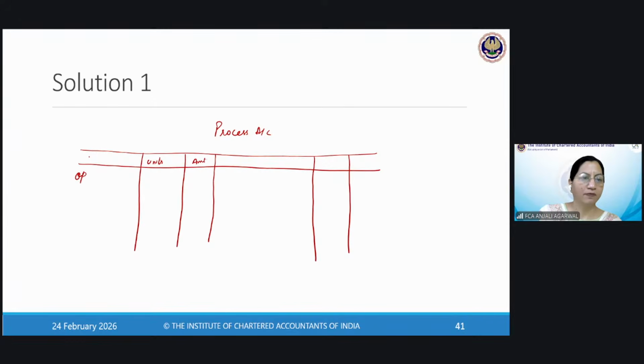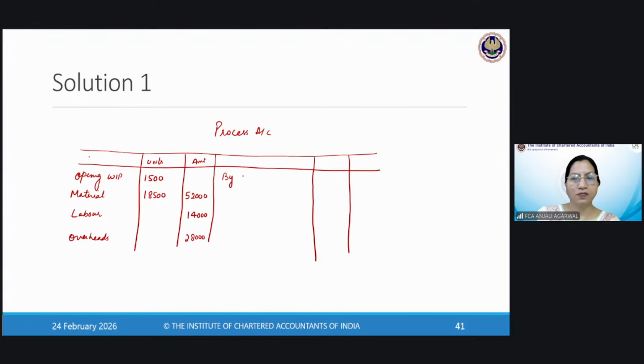So we had opening WIP, 1500 units, material introduced in the process, 18,500 units, costing 52,000, labor costing 14,000, overheads costing 28,000.